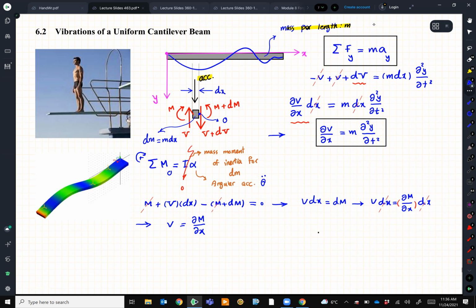which should be familiar to you, because in MEC 360 or in the past, when you had a beam, there was a relation between V, shear force, and bending moment, right? Always the derivative of bending moment gives you the shear force.